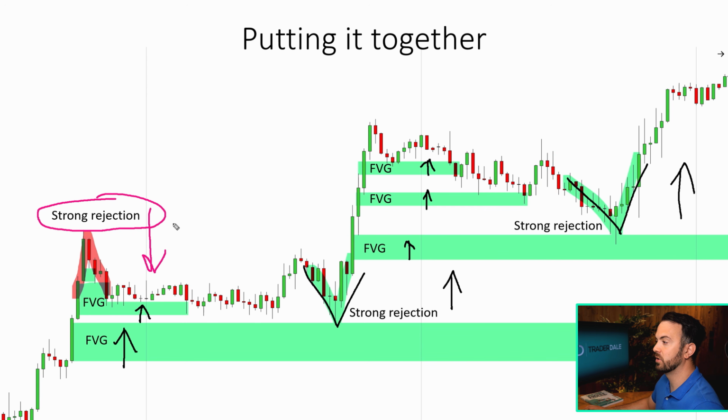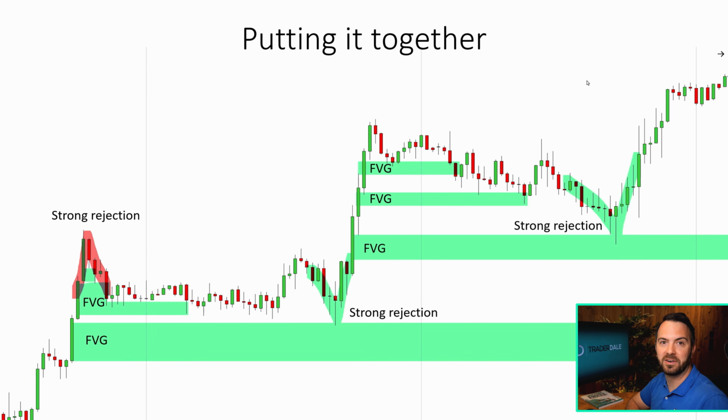That's this strong rejection. You have to look at the chart and compare who is in control, who is dominating. Is it buyers or sellers? Do we have more signs of strong buyers or more signs of strong sellers? In this case, it's rather simple. We have more signs of aggressive and strong buyers, and that's why the price goes up.